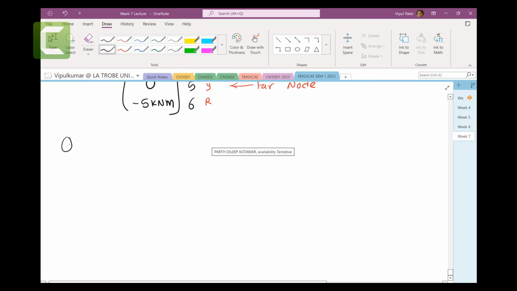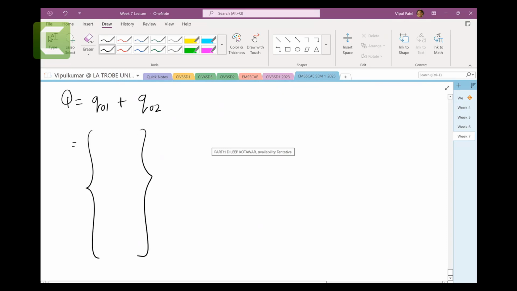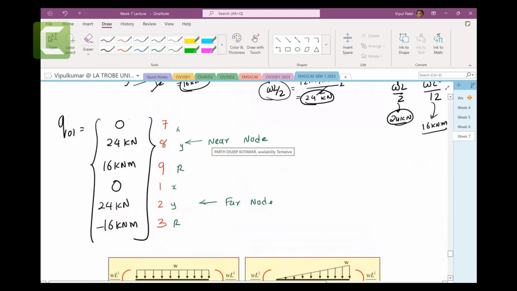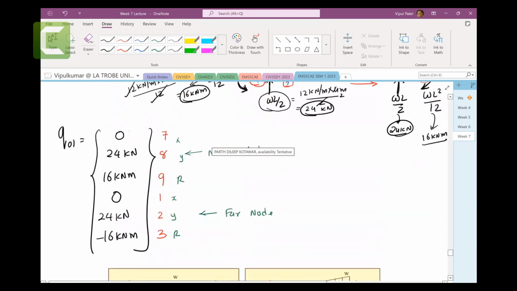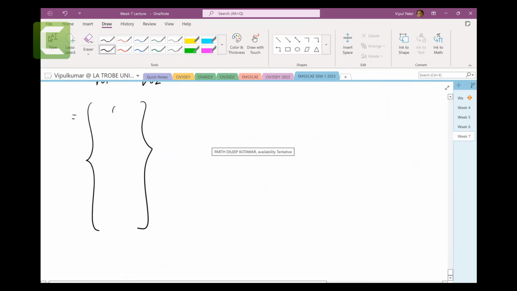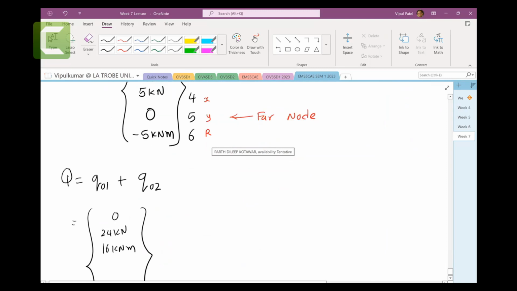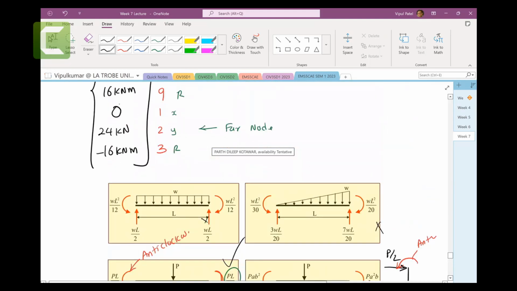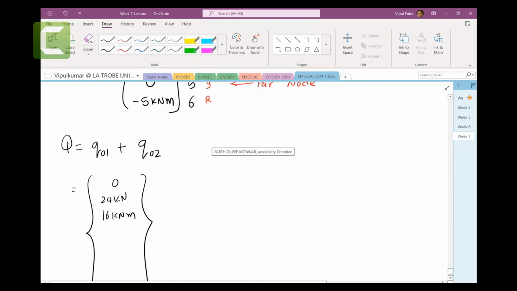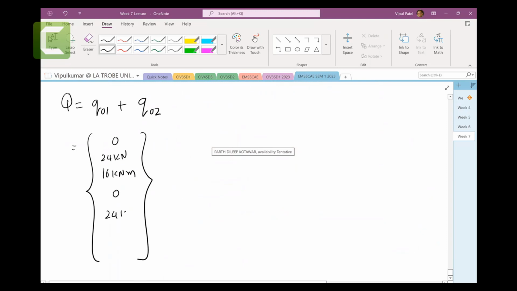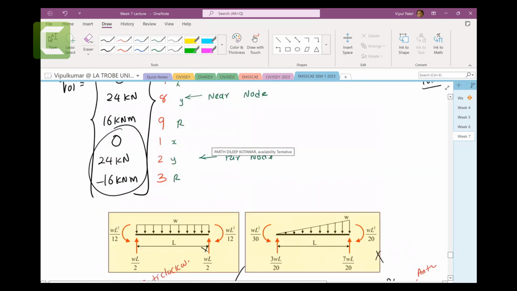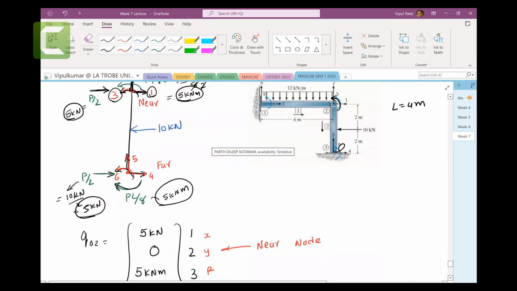Right. So once you have got these small q01 plus small q02, which I'm going to copy here for you, it would be 0, 24 kilonewtons, 16 kilonewton meters, and then you have 0, 24 kilonewtons and minus 16 kilonewton meters. And for that, 7, 8, 9, 1, 2, 3.